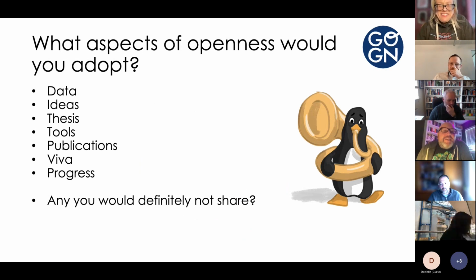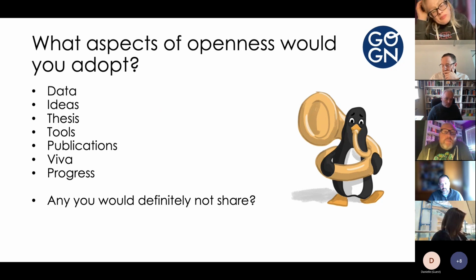Okay, so at this point, I think we could push out to the group and say, you may already be doing some of this, but what aspects of open are you particularly interested in? Are there certain areas where you think, this is something I'd like to do a bit more of or know a bit more about?